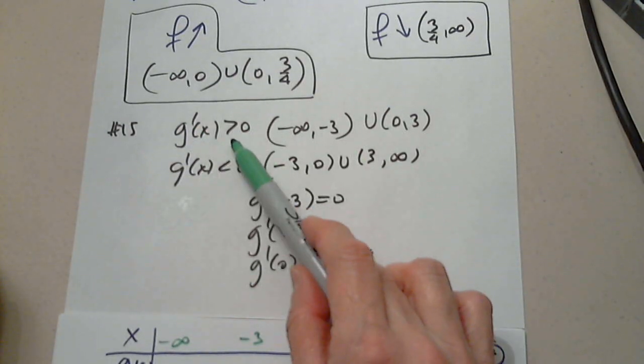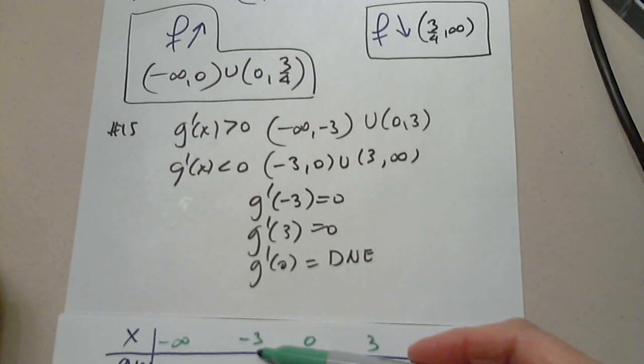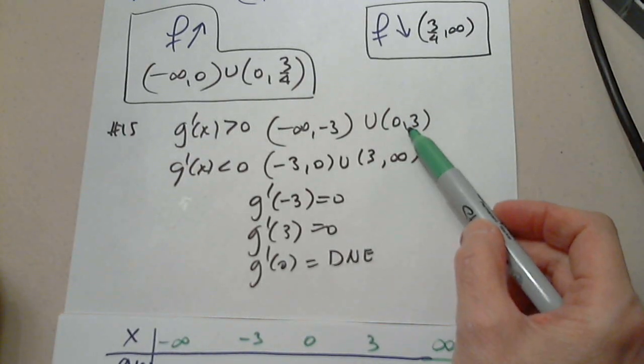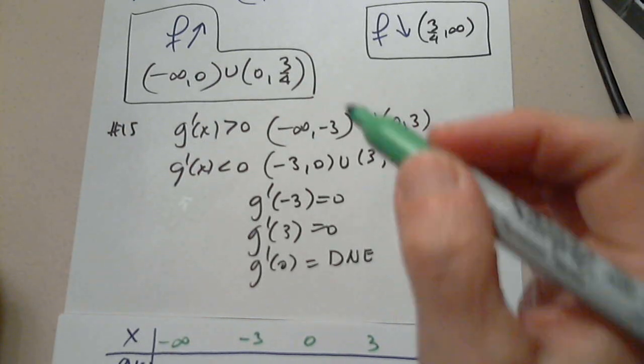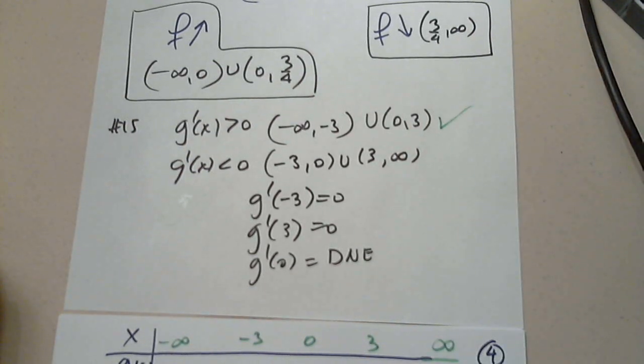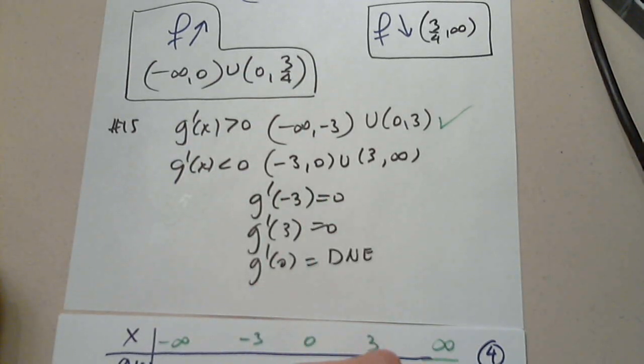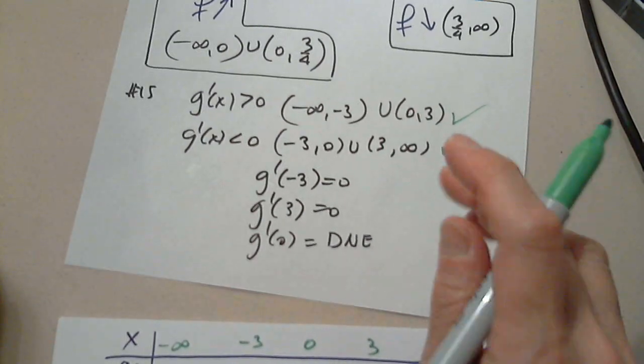The first derivative is positive between -infinity and -3, and it's also positive between 0 and 3. I'm done with that. The first derivative is negative between -3 and 0, and 3 to infinity. Done with that.